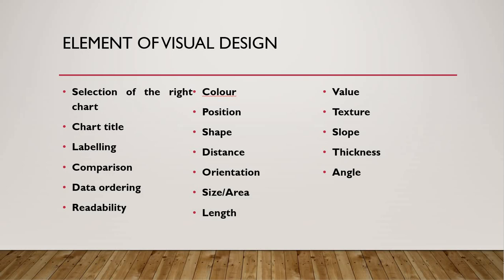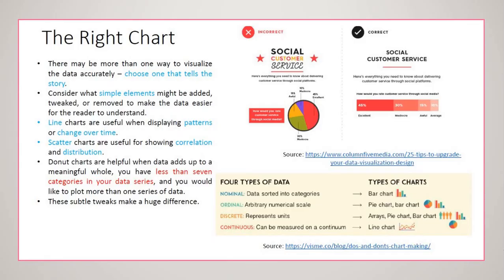Okay, so let's look at the first one, the right chart. There may be more than one way to visualize the data correctly. Choose one that tells the story. Okay, ada banyak cara ada banyak jenis chart yang boleh kita pilih. Ada pie chart, bar chart. Okay, so isunya how to choose the correct one.